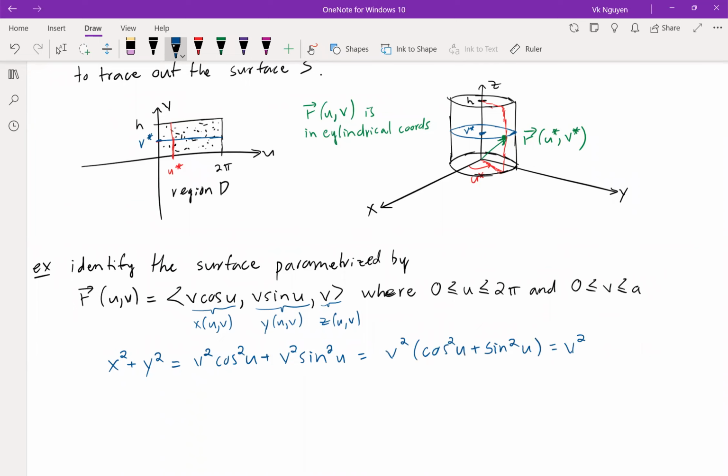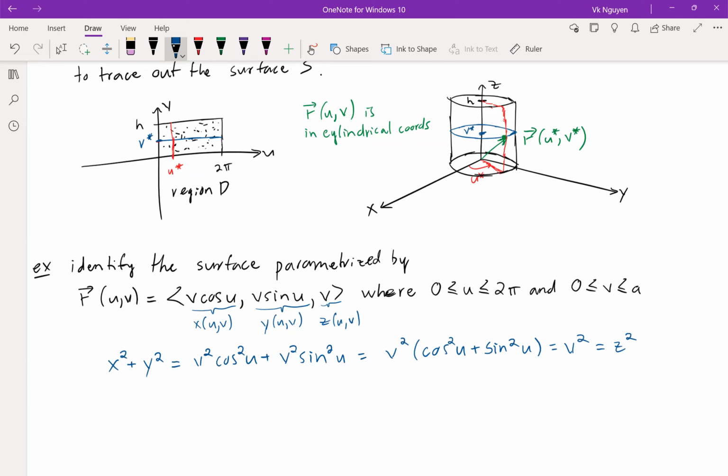So that is v squared. Oh, and then from here you see that it would be the cone, because this is exactly x squared plus y squared equals z squared. z is v.